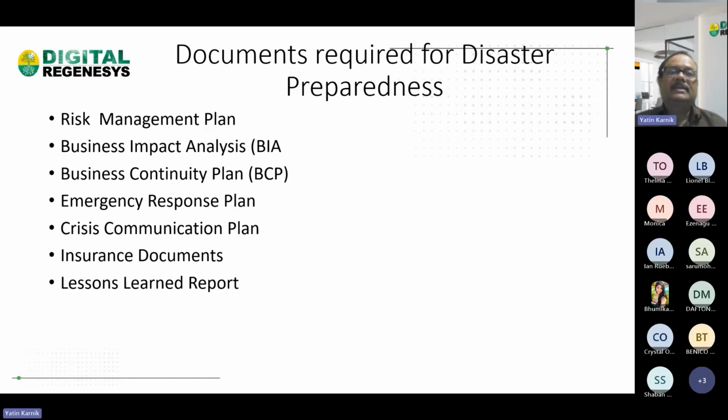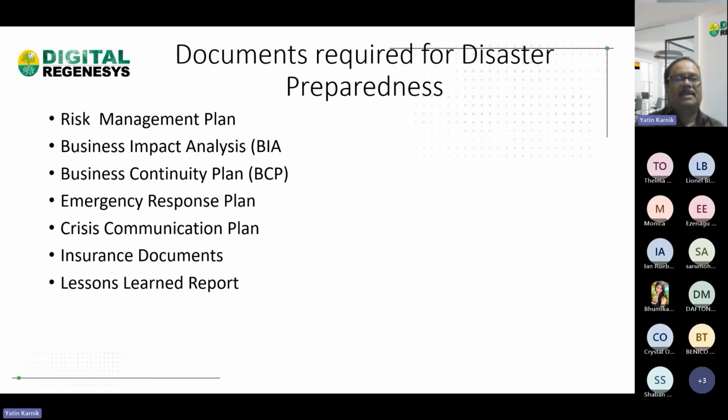Then there can be n number of documents. I would like to add training and awareness material. Documentation for regulatory compliance can also be there. So we can have n number of documents, and it depends on the organization. Some organizations have only one disaster management document wherein all these modules or elements can be combined.